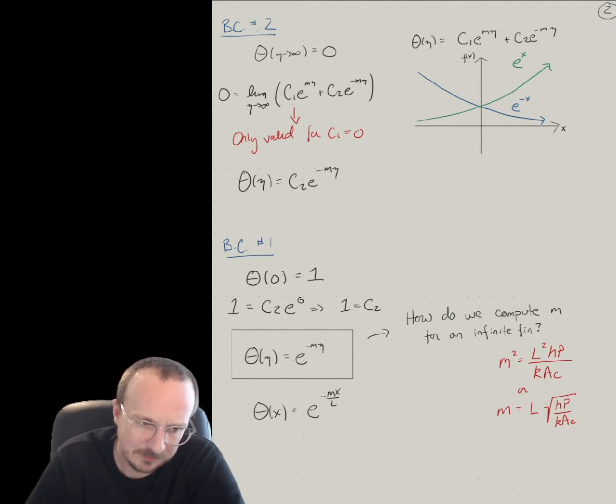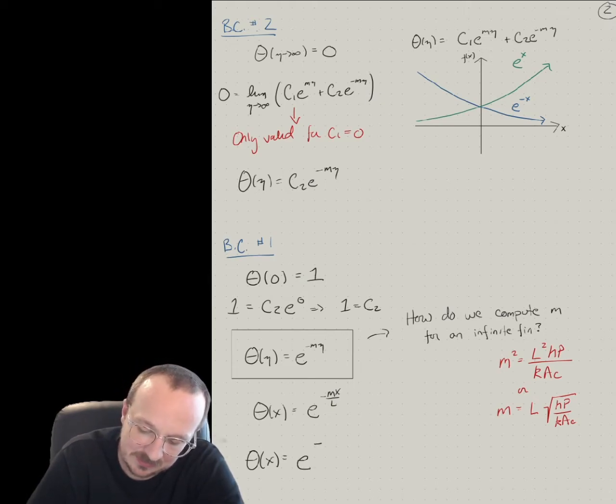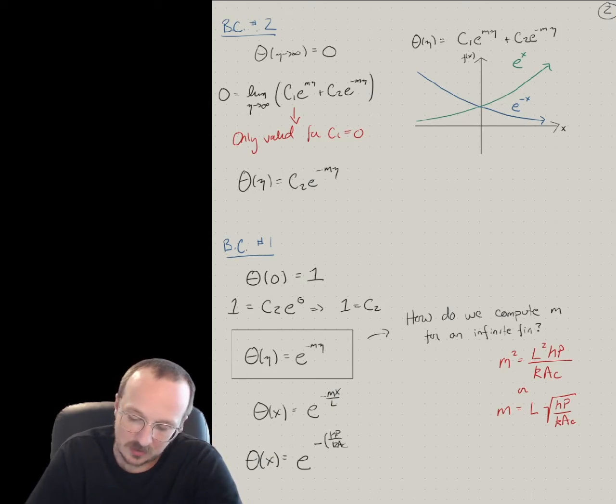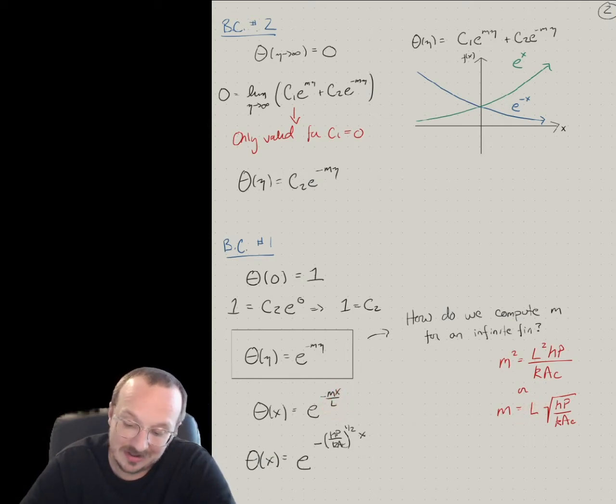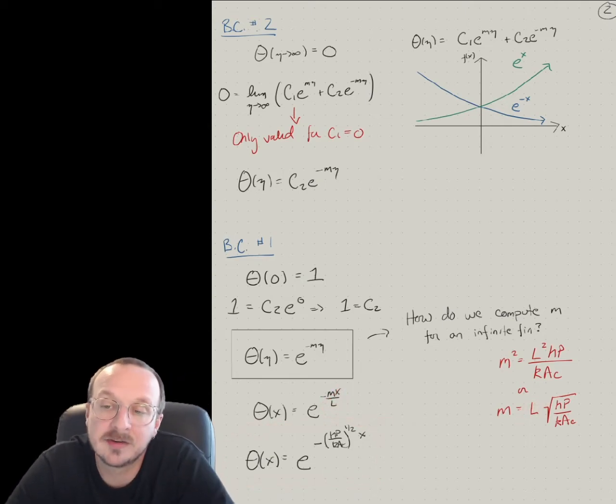Now plug in your value for m. So theta of x equals e to the minus, and m is now (hP over kA_c) to the 1/2 times x. What happens is this L is going to cancel out with this L when you plug in m. And so in the actual expression for theta, it doesn't depend on length. The infinite fin does not depend on length.